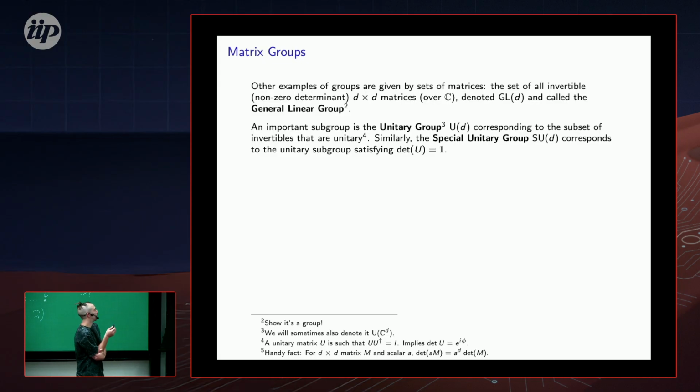An important subgroup of the general linear group for quantum computing is those invertible matrices that are also unitary, meaning that the inverse is essentially the conjugate transpose of the matrix.